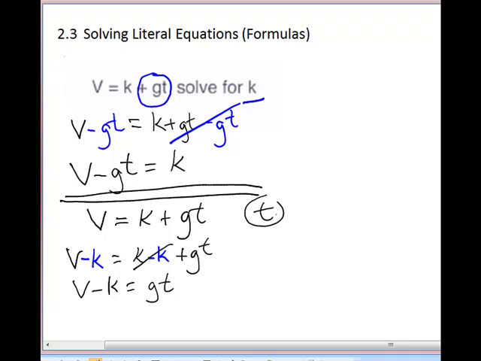So go back on the side with the T, which means we don't want the G. It's multiplied, so to take it off, we'll divide by the one we don't want. So we're dividing by G. This one's gone, and now we have it solved. So V minus K over G equals T. There you have a two-step problem out of this one. It depends on which variable you're solving for.